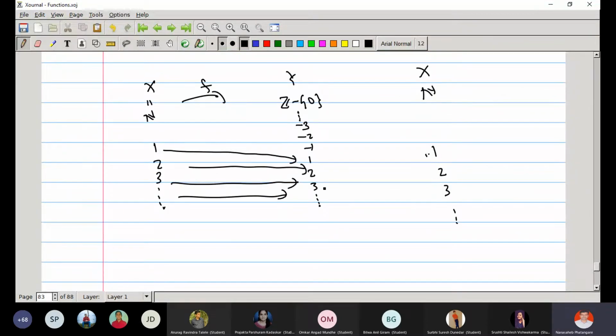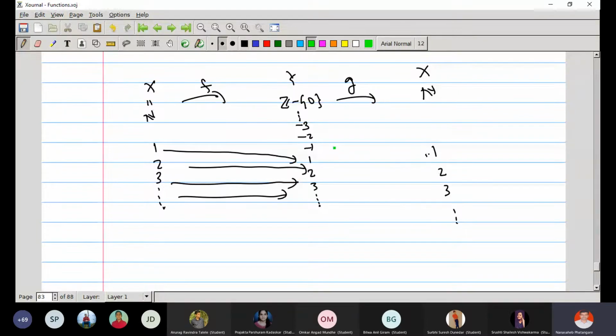Is it clear? Yes, sir. Now I am defining g from y to x. What is the image of minus 1? 1. Because g of y is the absolute value.